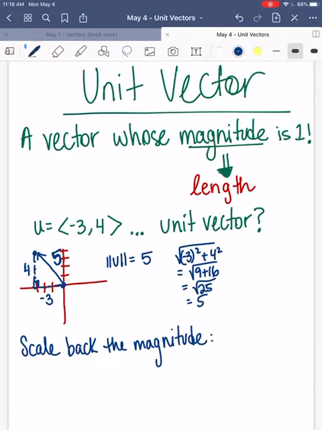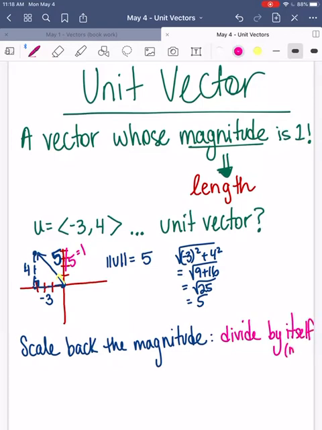If we want this unit vector to be exactly 1 unit long, what could we do to 5 to get it to equal 1? We just divide it by itself, right? So we're going to scale back the magnitude by dividing by the magnitude itself.